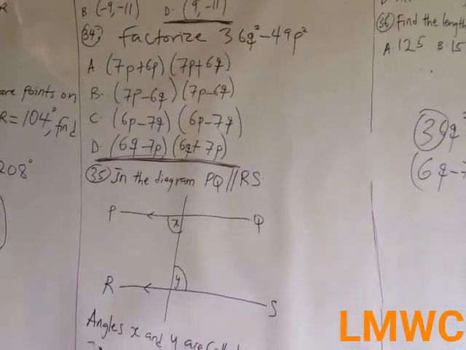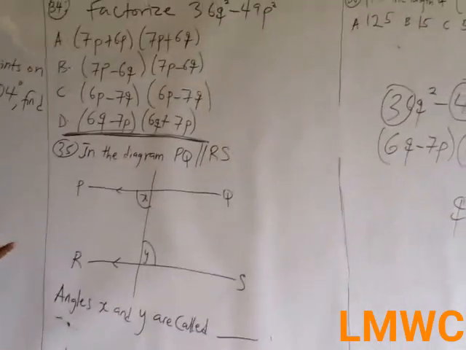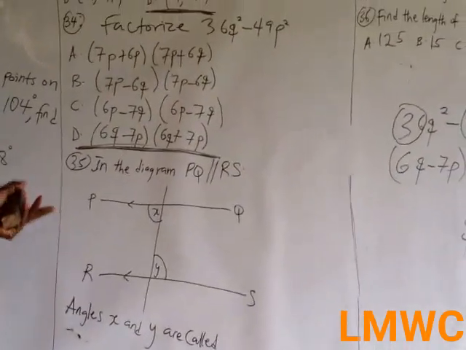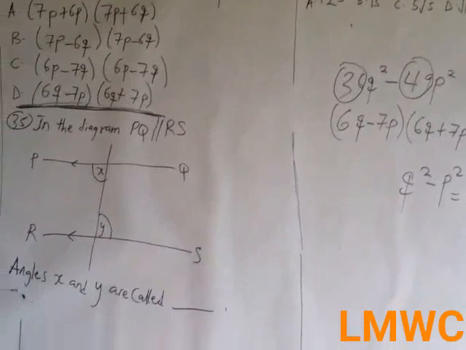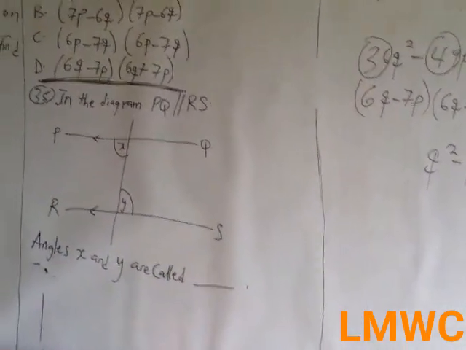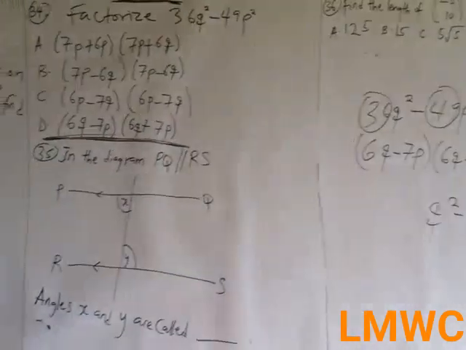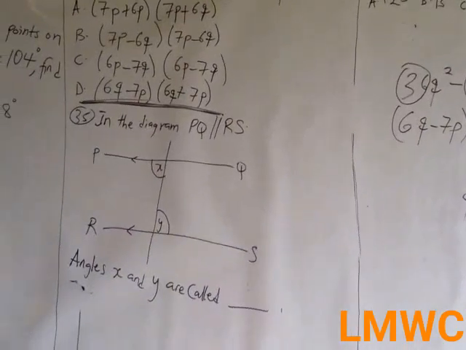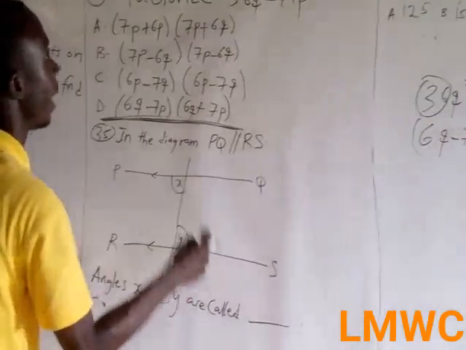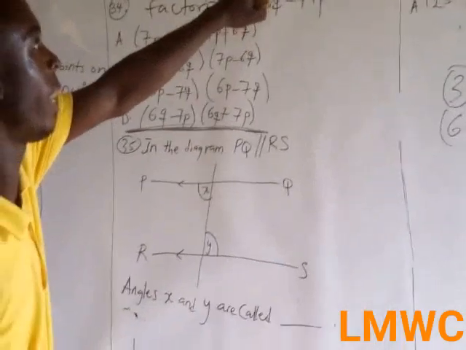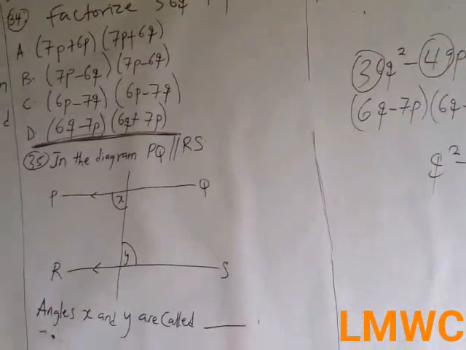Question 35. In the diagram, this is under angles, that's parallel lines. In the diagram, PQ is parallel to RS. Angles x and y are called what? Co-interior angles, because we know co-interior angles add up to 180 degrees.